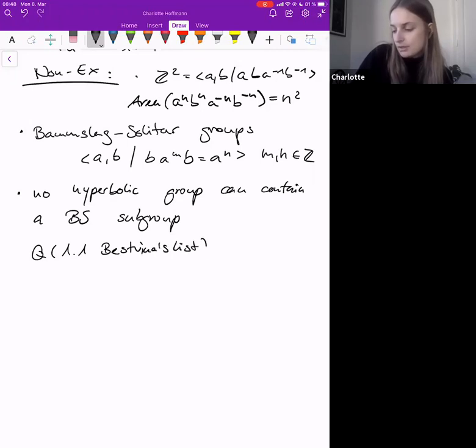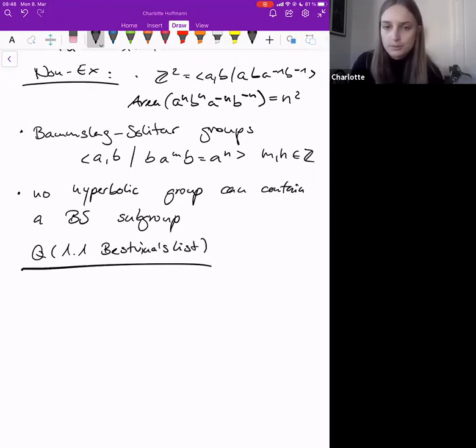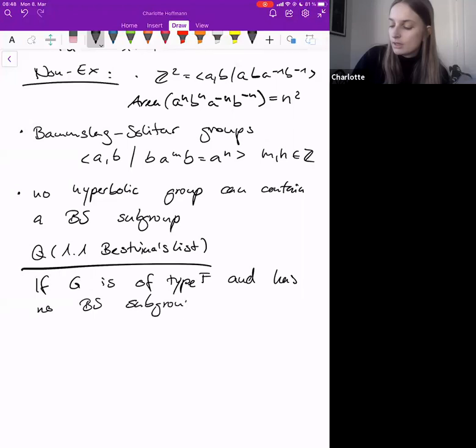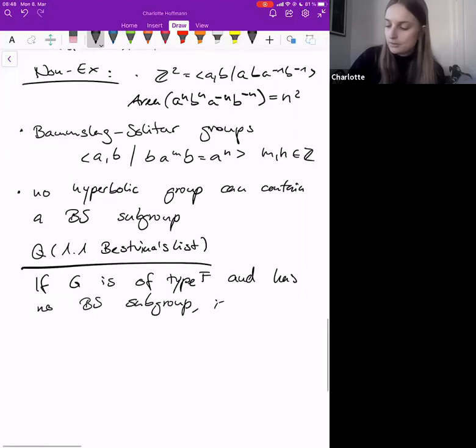This is also the first question on Wise's list, which is a collection of open questions in geometric group theory. And this asks, if G is of type F and has no Baumslag-Solitar subgroup, is it then always hyperbolic?